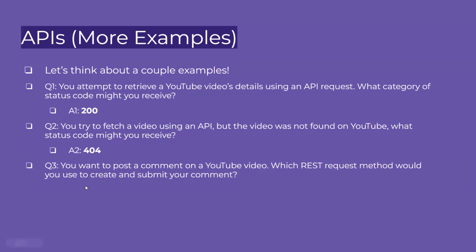Okay, so now let's go to REST methods. You want to post a comment on a YouTube video. Which REST request method would you use to create and submit your comment? I'll clarify REST request methods.